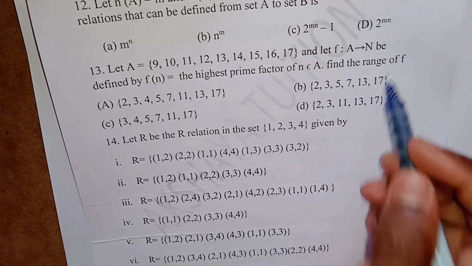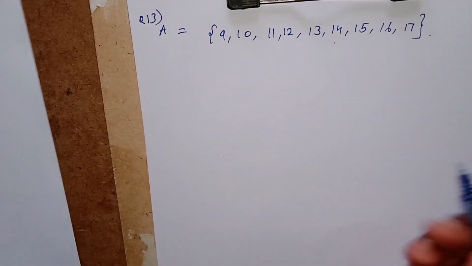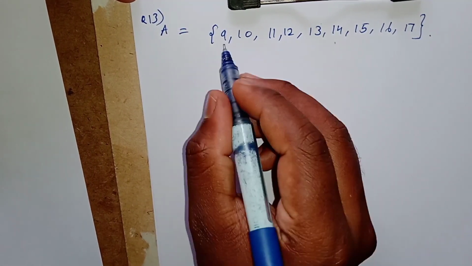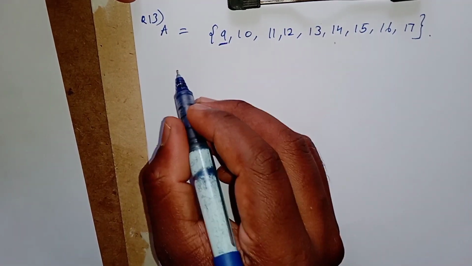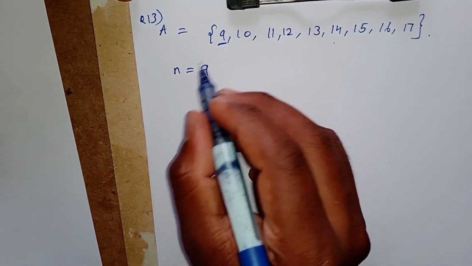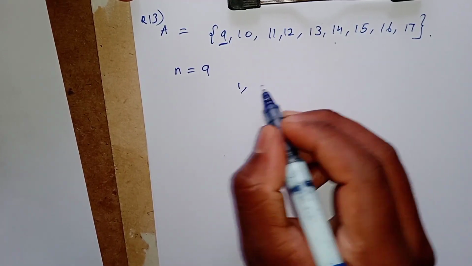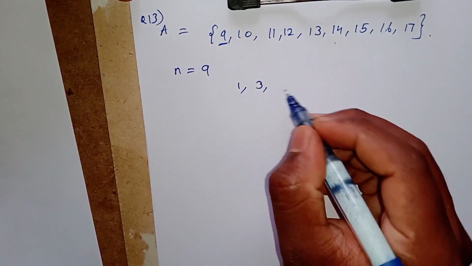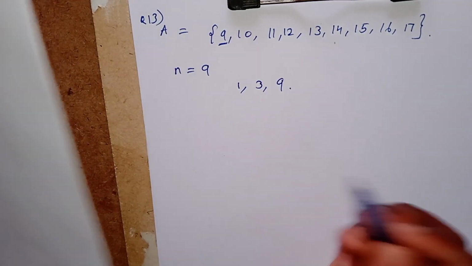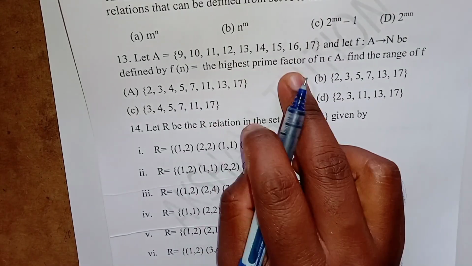I am taking n equal to 9, the first term. For 9, the factors are 1, 3, 9. These are my factors, and they are asking for the highest prime factor.